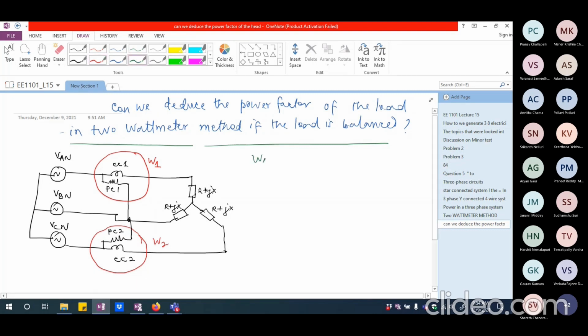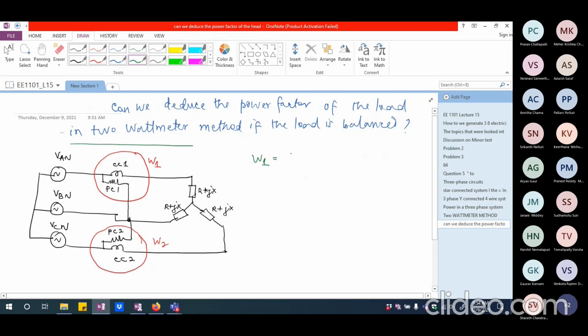So wattmeter 1 is going to have whatever is the voltage in the pressure coil, which is VAB, and the current that is flowing is IA. So if I write it in terms of the wattmeter reading, it is going to sense the average power.